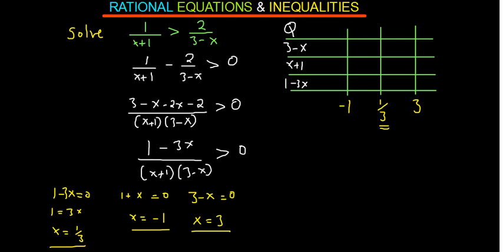So when you get 1 minus 3x, you equate it to 0, you're going to find 1 over 3. This is telling you that 1 over 3 is going to be a division of signs for this factor. So what happens if I use values of x greater than 1 over 3? Just think of anything greater than 1 over 3. For example, 10, 50, 70, or even just 1 itself is greater than 1 over 3.